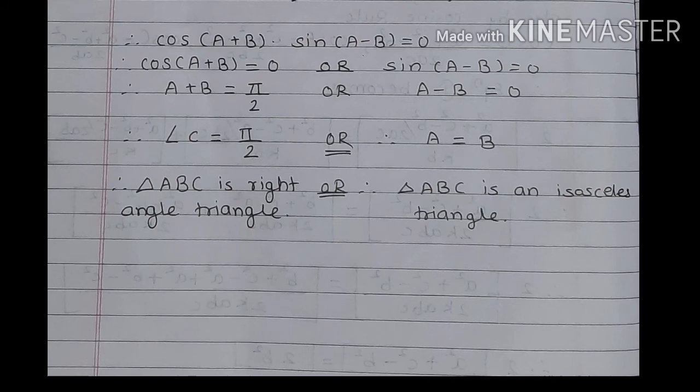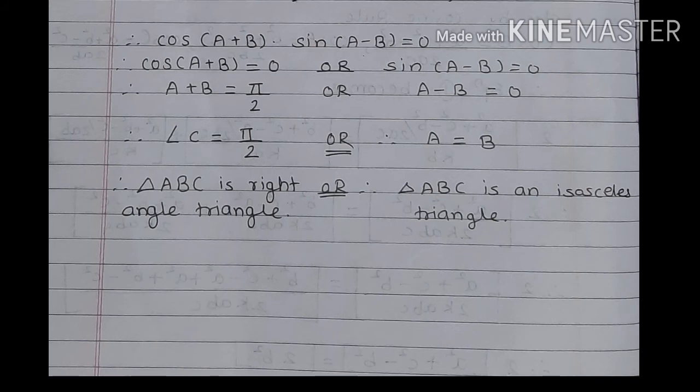It is angle C. Therefore angle C is equal to pi by 2, or a minus b equal to 0 gives us a is equal to b. If angle C is pi by 2, then triangle ABC is a right angle triangle, and if a is equal to b, that is two angles are the same, then triangle ABC is an isosceles triangle.